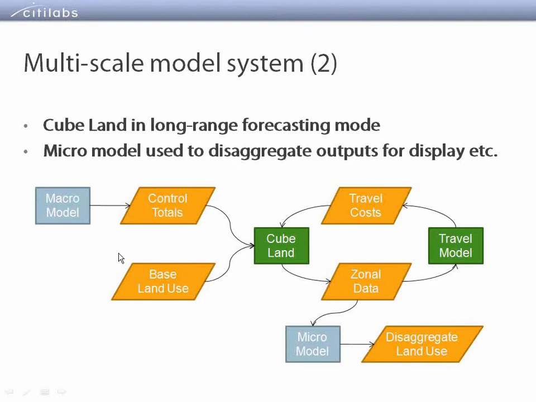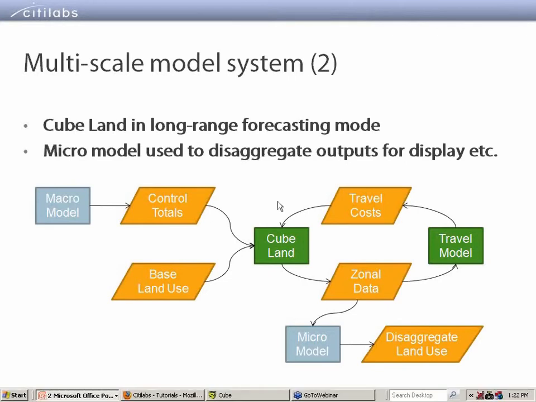Once you have the more aggregate Cubeland level, you have the economics correctly forecast, and then you go to the details within more specific issues like parcel level building types within the zone. So our view is that you have to make a good estimation at the zone level, at the more aggregate level, of the economics of the system, all the interactions involved, and then try to assess more detail.